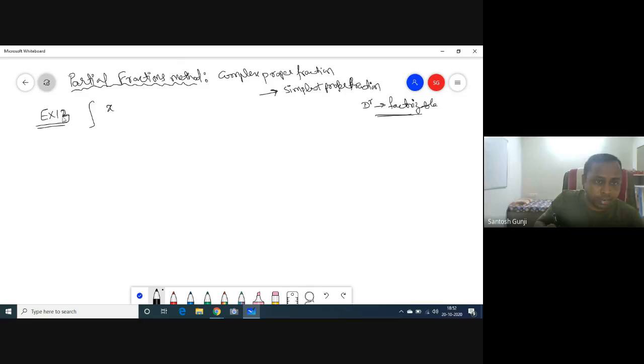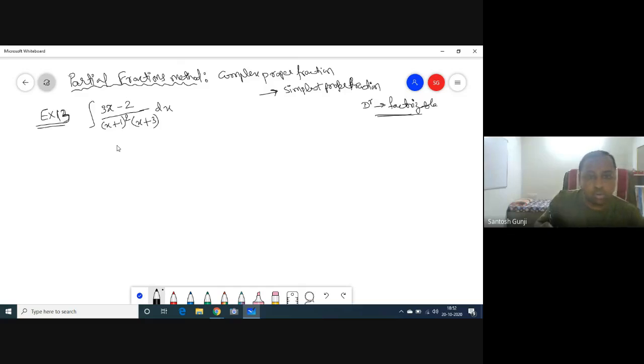Example number 13: the question is the integral of 3x minus 2 upon (x plus 1) the whole square into (x plus 3). So this is the question.